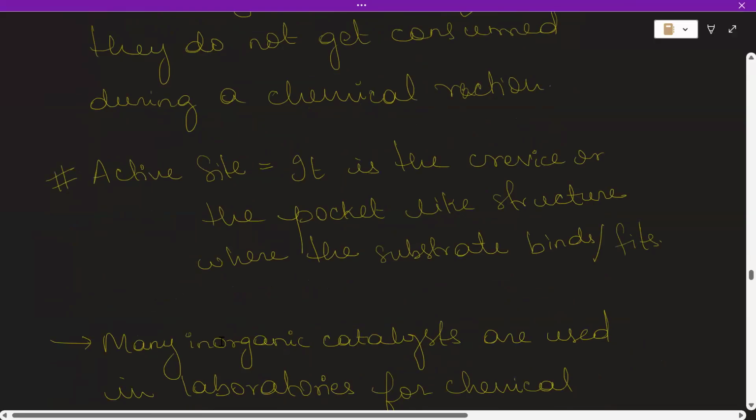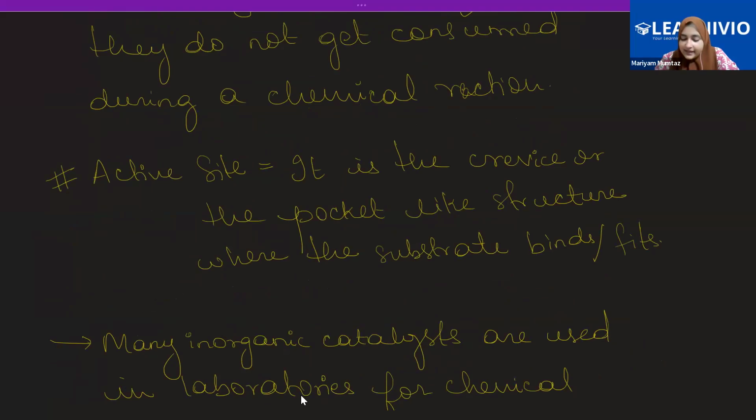Now, talking about the active site. In the enzyme, there are crevices, pockets, curvy structures that we call the active site. This is the site of the enzyme where a substrate would come and fit over. Every single substrate has its unique enzyme which works on it.